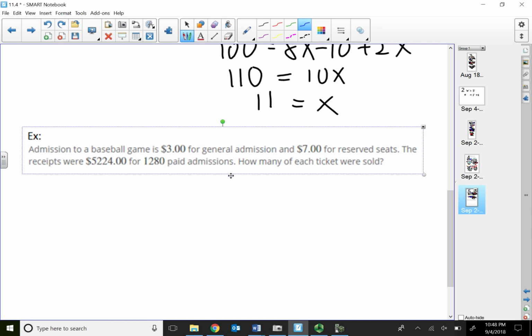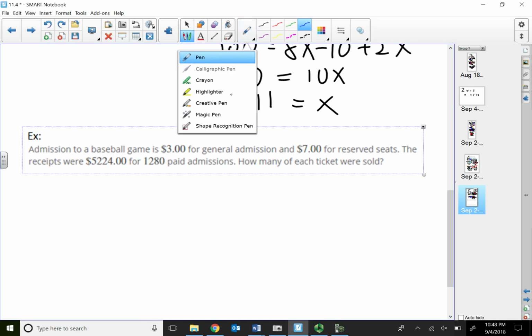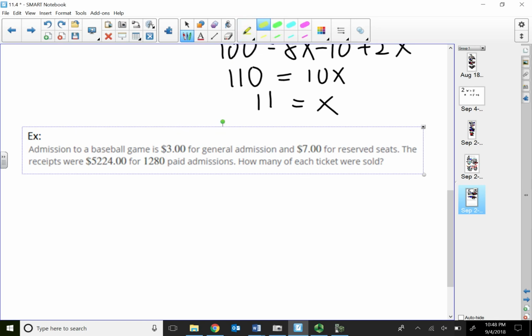So basically, again, I want to use two different variables, so I have to have two different equations. One equation has to be about this money thing. The second equation has to be about the total paid admissions. So let's say I have general admissions and the reserved seats.